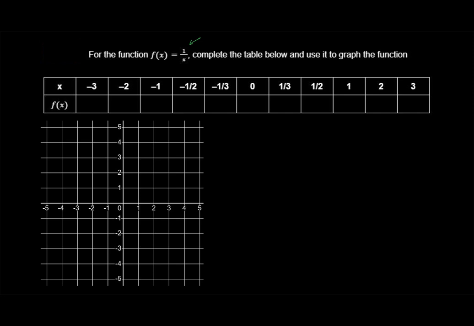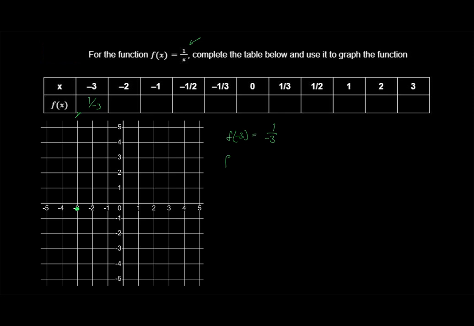So if I go to plug in my first x value, replacing x with -3 there in my table, I'm going to have 1 over -3, which we really can't do anything with, and I'll leave it as 1 over -3. I'm going to go ahead and plot that point. -3 and -1/3 is maybe something like right there.